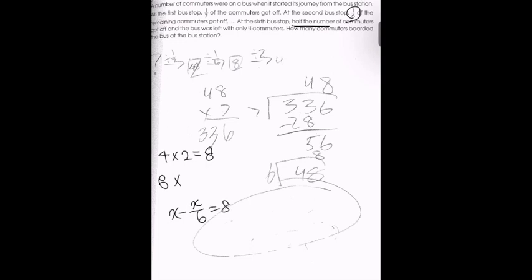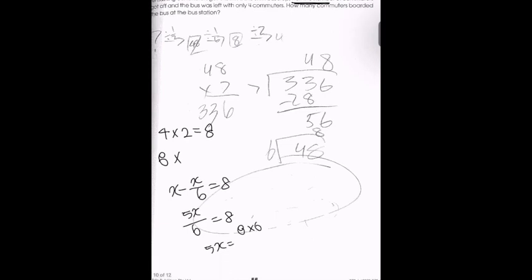We can write that as 6 over 6 x minus 1 over 6 x, because that will translate to 5 over 6 x. And so 5x is going to be 8 times 6, which is 48. And so x is going to be 48 over 5.